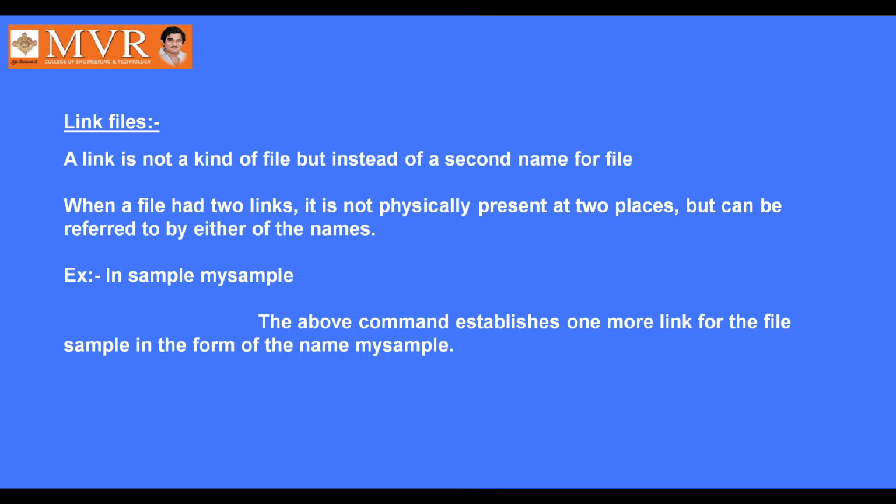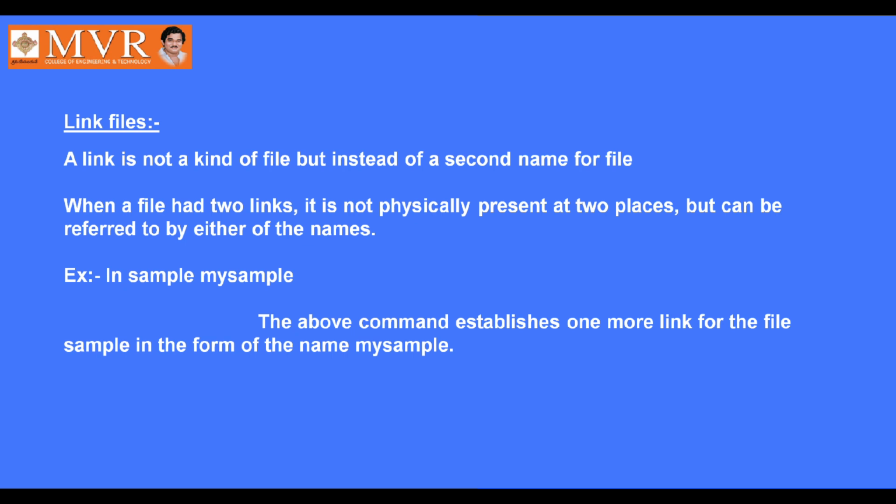Those links can be called aliases of the file, because they are not physical files. If a file has two links, the file exists physically at one place, but the other two links are only names of the file, not physical. They can only be used to access the file, but they are not the original file. That you need to understand.